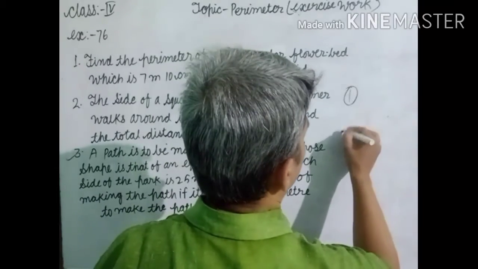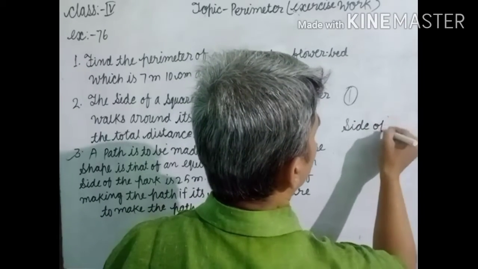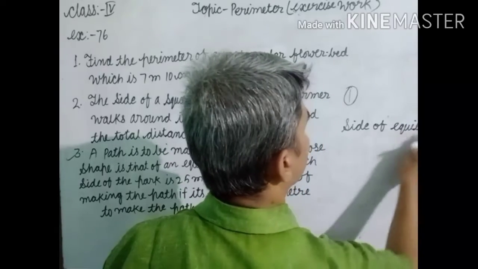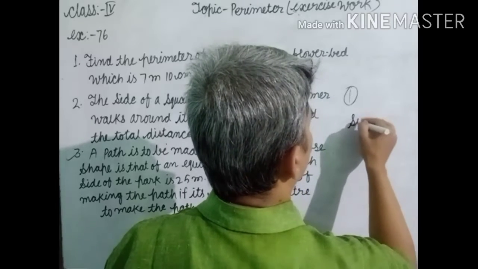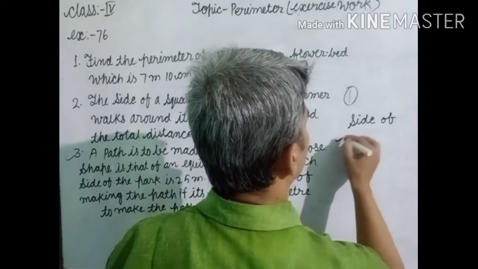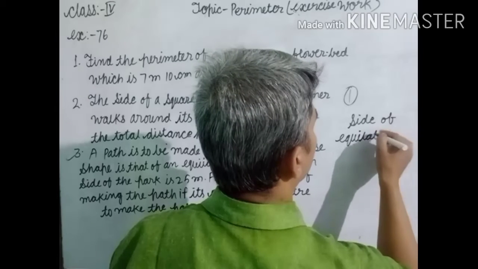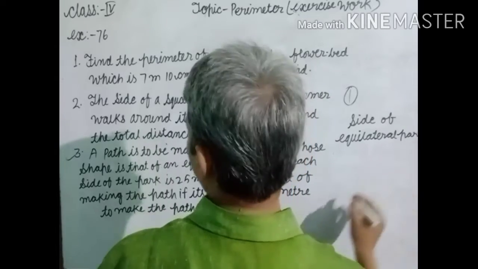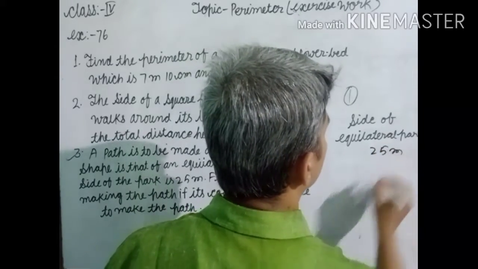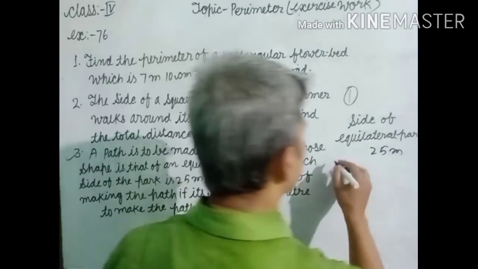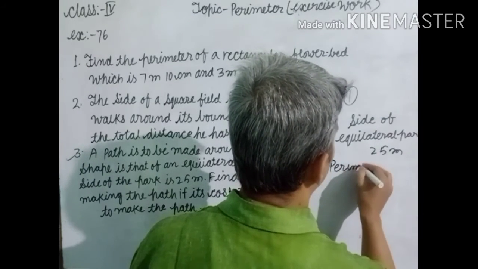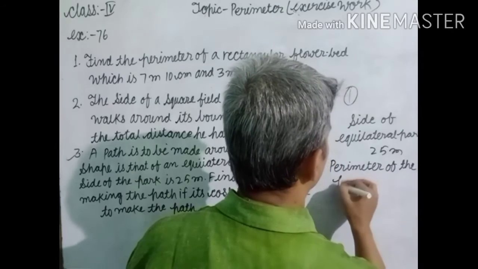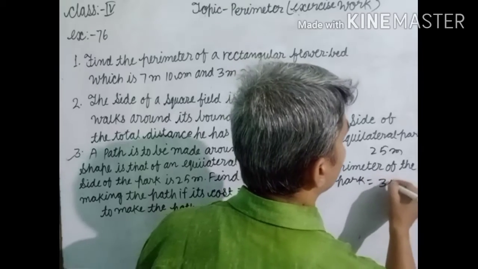Side of the equilateral park is equal to 25 meters, and perimeter of the equilateral park is equal to 3 into side.